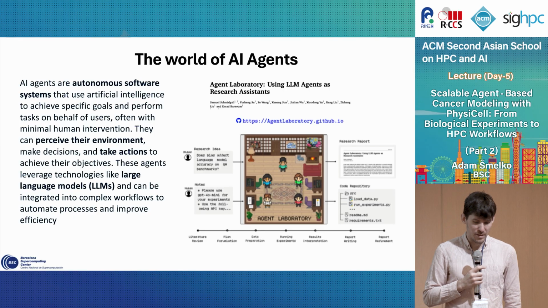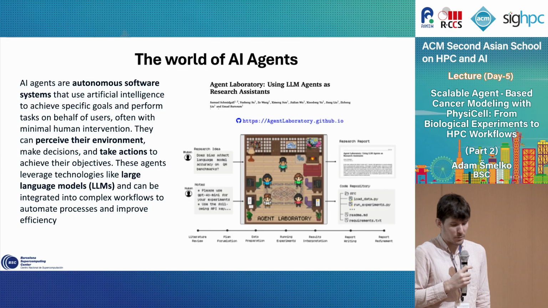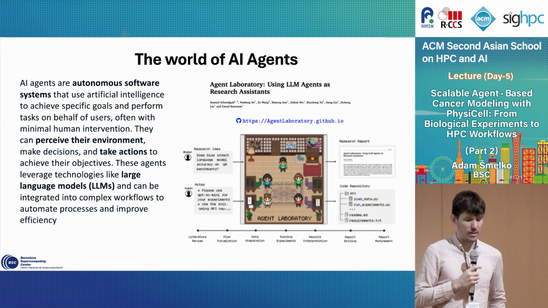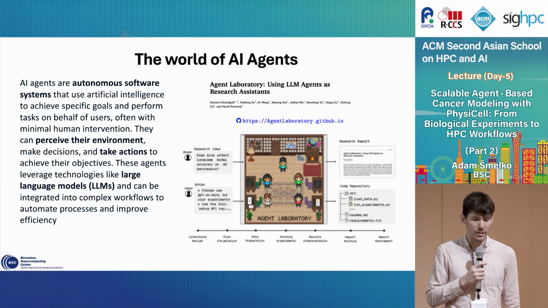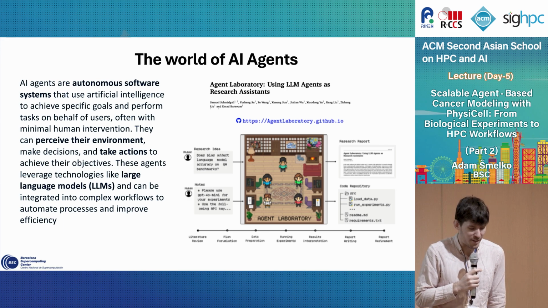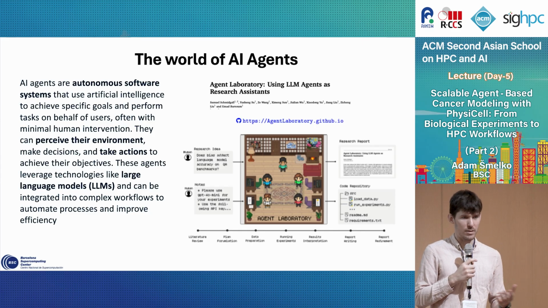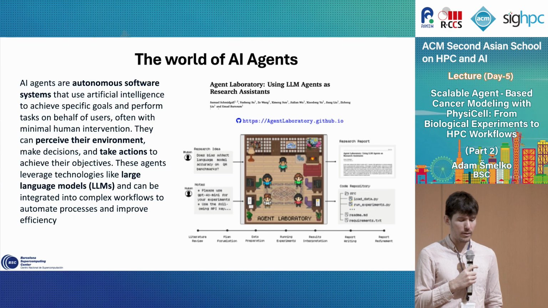In this context, we can envision therapeutic agents built on top of such frameworks. In this paper, there is a whole agent laboratory, where each agent is a different person in the laboratory, and these agents can communicate and combine together.